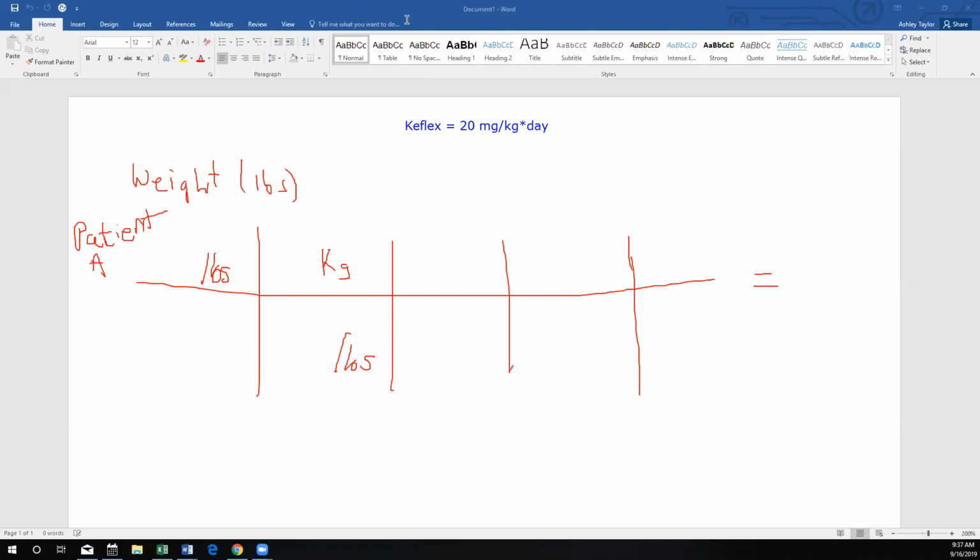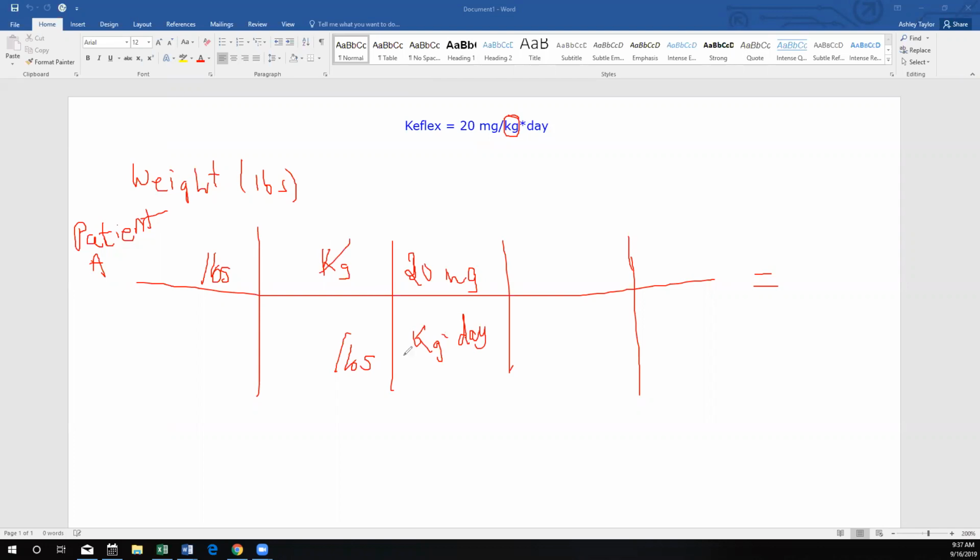Okay. So now that I have that, and I have kilograms here and kilograms here, I'm going to write this as 20 milligrams per kilogram per day, like this.